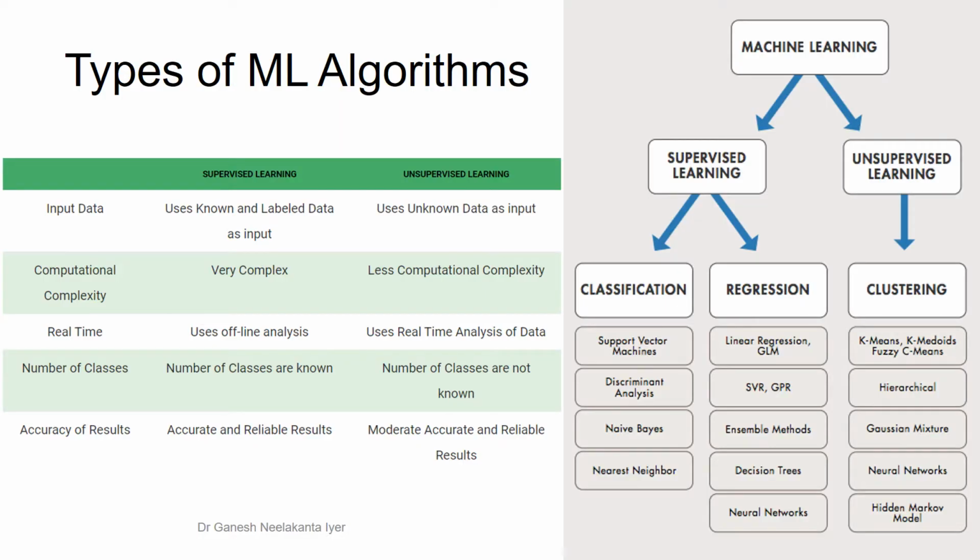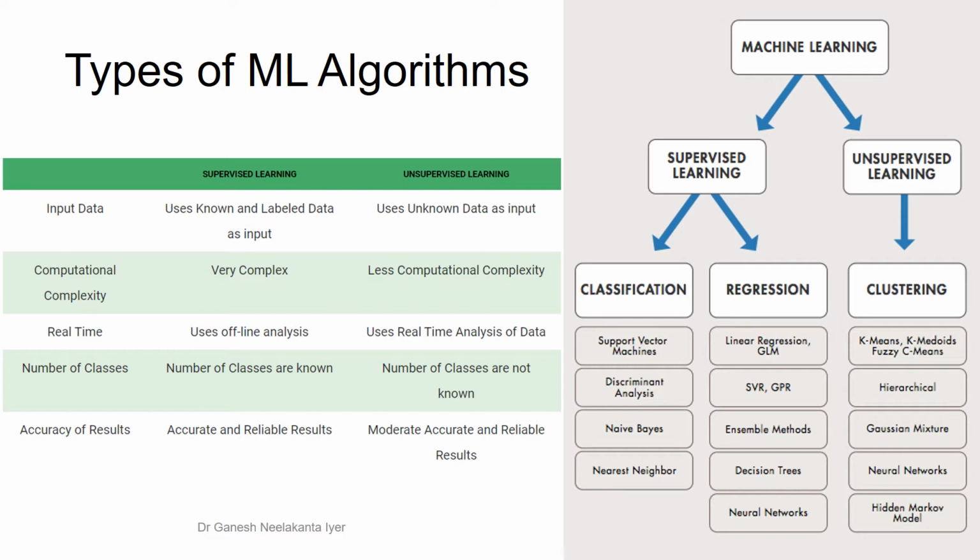So, a quick recap of different types of machine learning algorithms. They are primarily classified into two: supervised learning and unsupervised learning. Supervised learning is similar to learning in a classroom where a teacher teaches you what it is, how it is, and you are learning. Two major types of supervised learning are classification and regression. Classification means from a set of labels, you want to classify a given input into one of them.